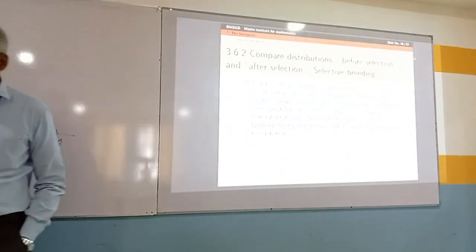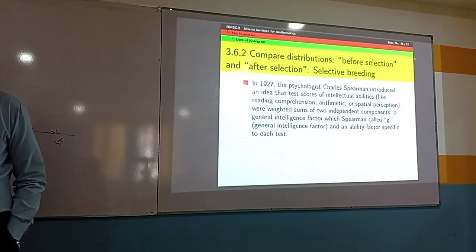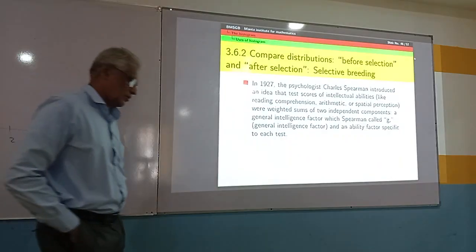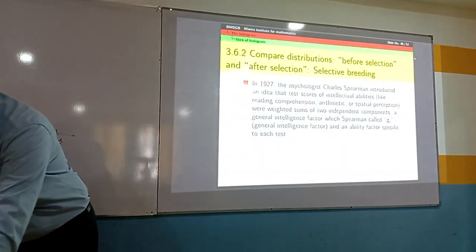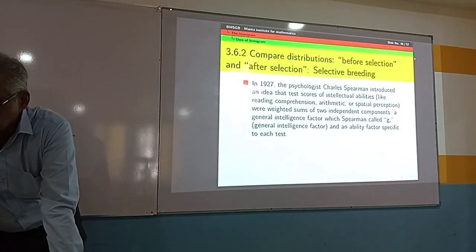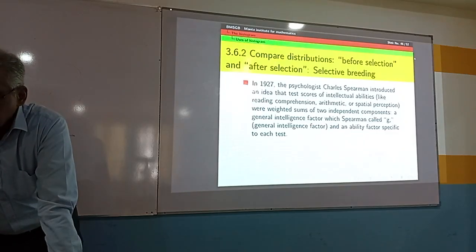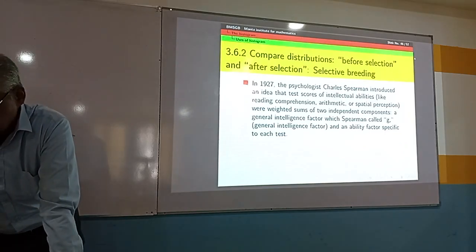Another example they have shown is what they call the selective breeding example. So this is the scenario there. In 1927, the psychologist Spearman introduced an idea that test scores of intellectual abilities like reading, comprehension, arithmetic, or spatial perception were weighted sums of two independent components. Right?